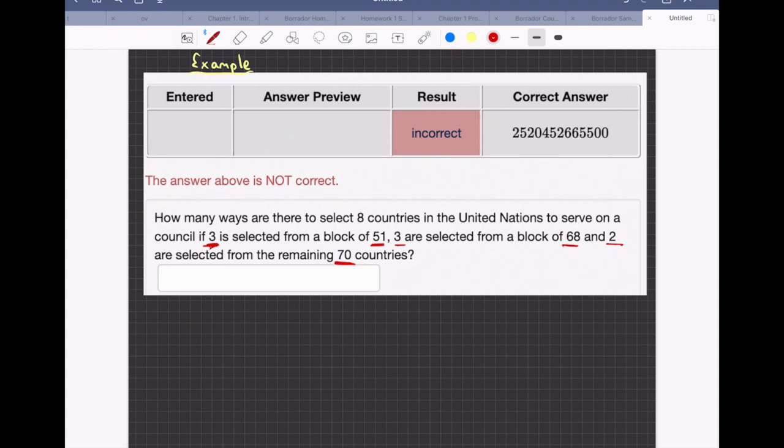One hint. Let's focus only on the council of 3. 3 are selected from a block of 51. In how many ways can we do that?